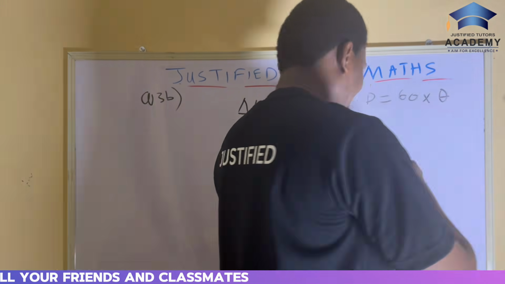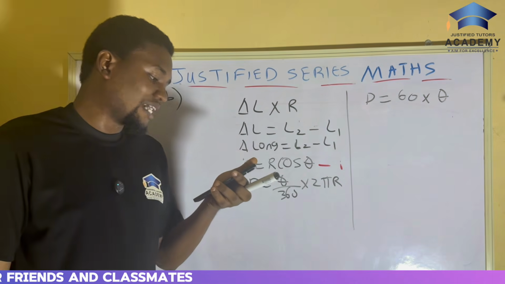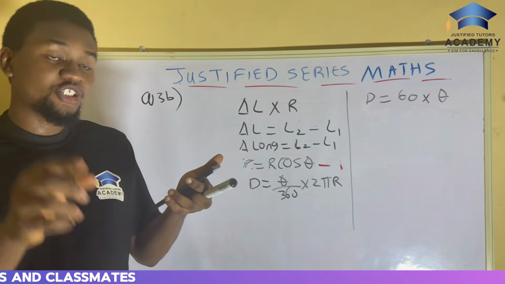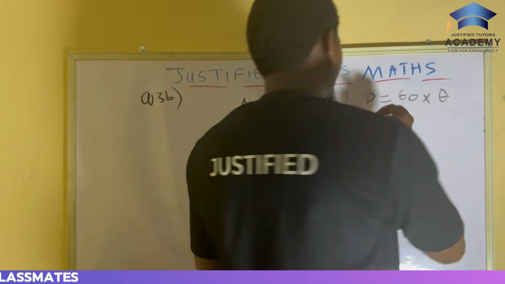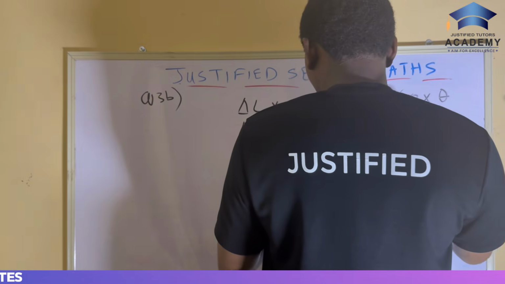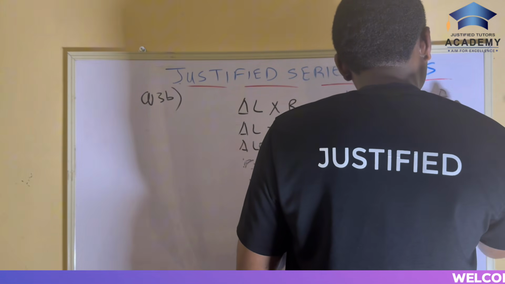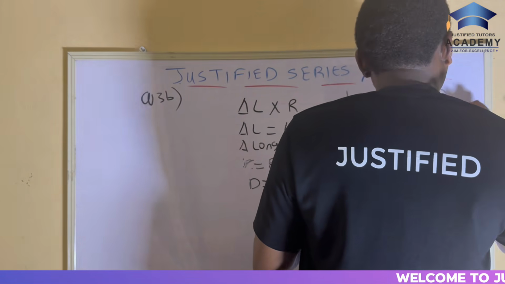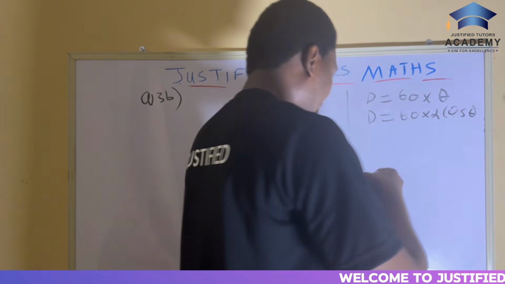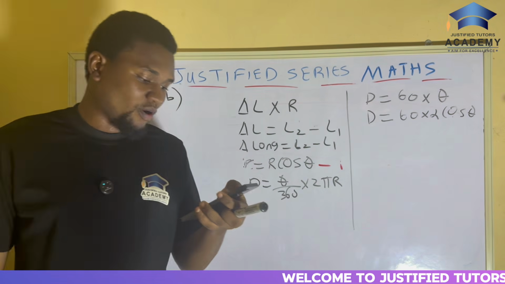Are you getting me? That's it. And along the small circle, the formula is given as d equal to 60 times alpha cos theta. Are you getting me? 60 times alpha cos theta.